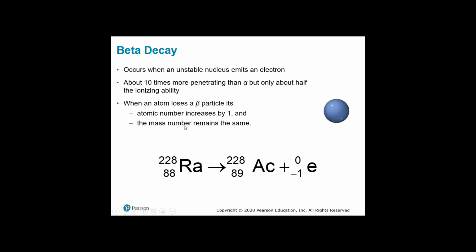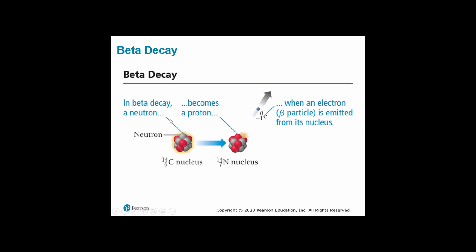Atomic number increases by 1, mass number remains the same, and when you add these up, you can see 28 on this side, 28 on this side, 88 on this side, and it increases by 1. So this must mean 89, because this has to balance, and 89 minus 1 equals 88. So in beta decay, a neutron becomes a proton, and it also ejects an electron at the same time.